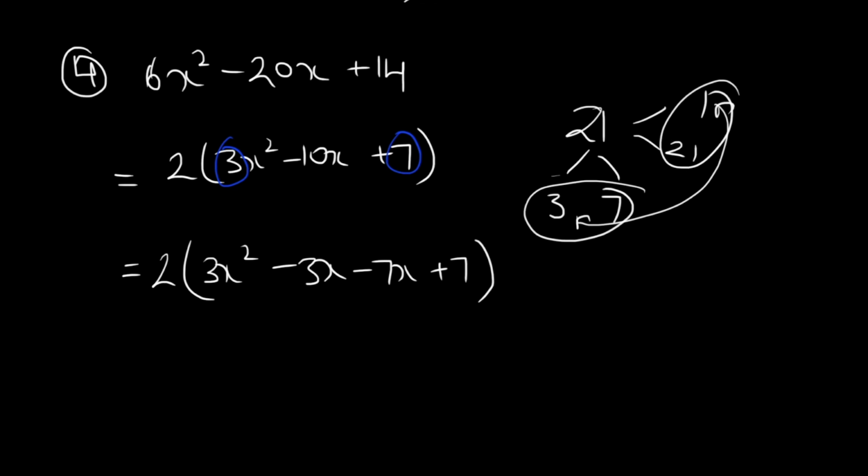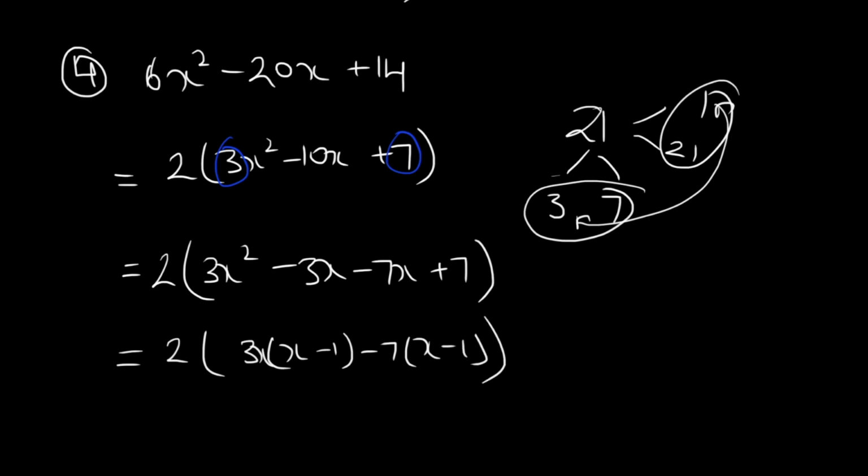And I've added or subtracted them to make minus 10. So in this case, I've just subtracted them to give us minus 10x. Okay, now what I will do is I will factorize each of these pairs. So I'll take out 3x, and this will give me just x minus 1. And then I'll take out minus 7, which gives me x minus 1.